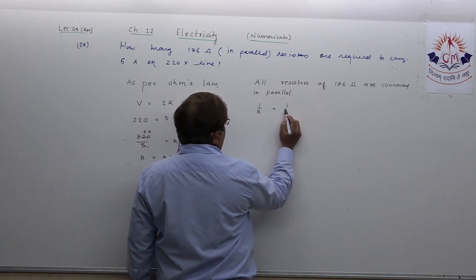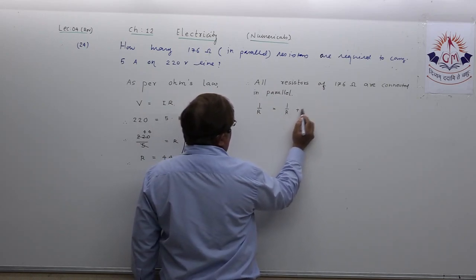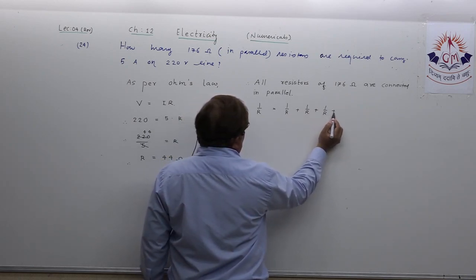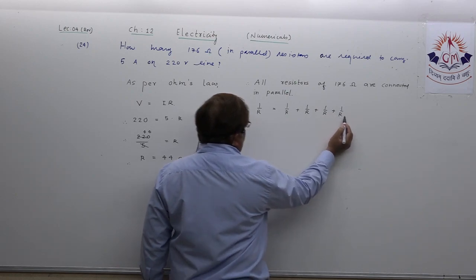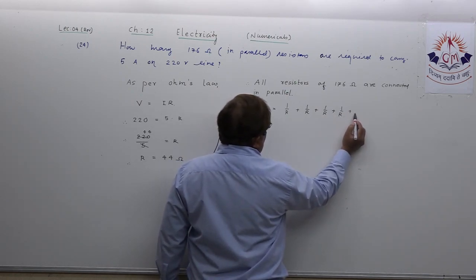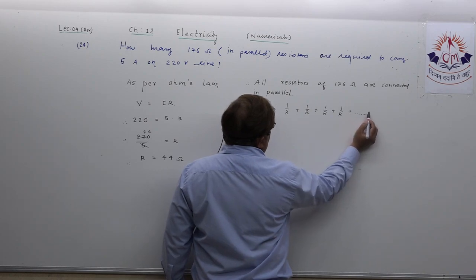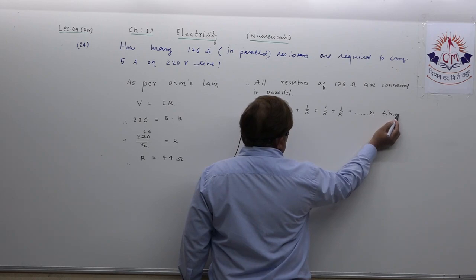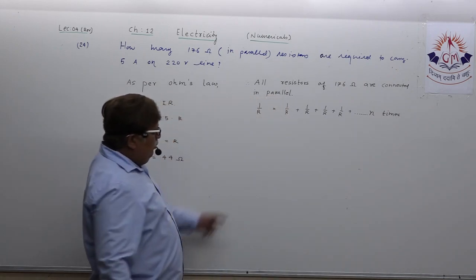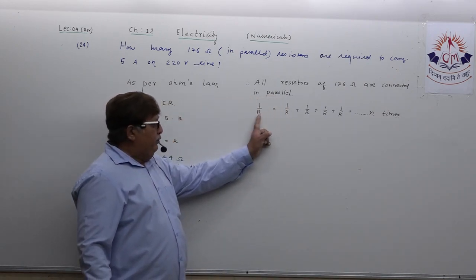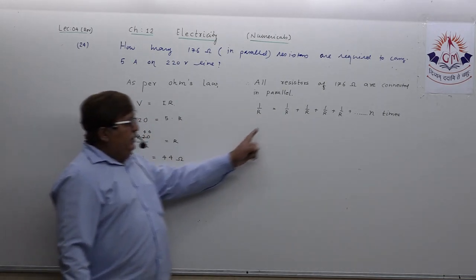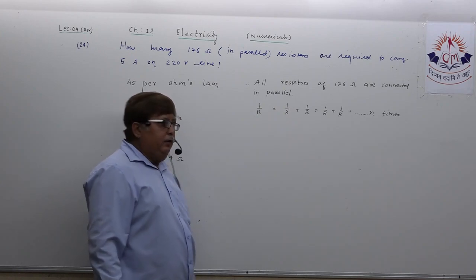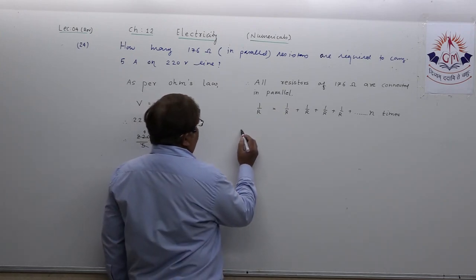So can I write this way: 1 upon r plus 1 upon r plus 1 upon r, up to n times. We don't know n. You understood this? Don't mix this resistor with this. This is the total resistor and these are the resistors to be connected in parallel.